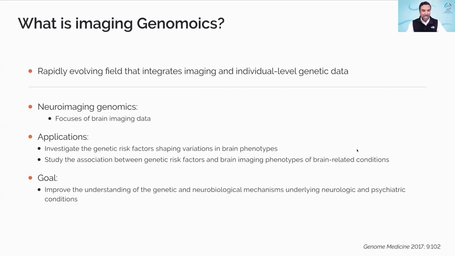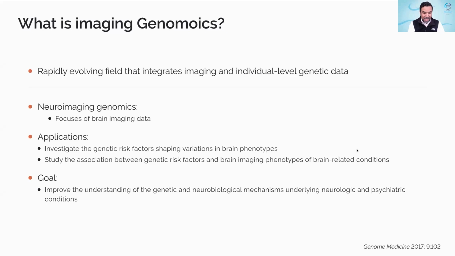So first of all, I guess the question is, what do I mean by imaging genomics? This is a relatively new and evolving field that integrates imaging and individual level genetic data. If we focus on brain imaging specifically, we can label it as neuroimaging genomics.